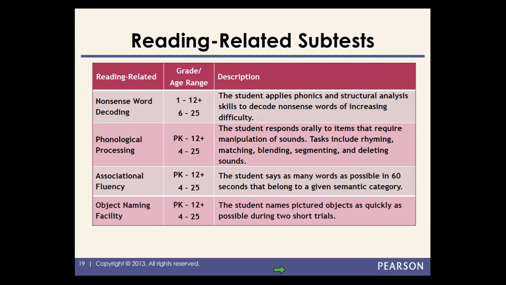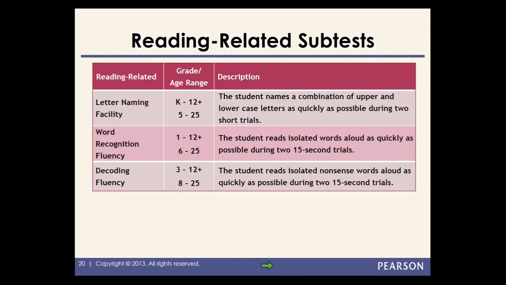And the last one listed there is object naming facility, which is basically a student having to name pictured objects as quickly as possible during 2 short trials. So some additional reading-related subtests. Letter naming facility: we're going to be looking at a combination of upper and lowercase letters, and they're going to have to name them as quickly as possible.